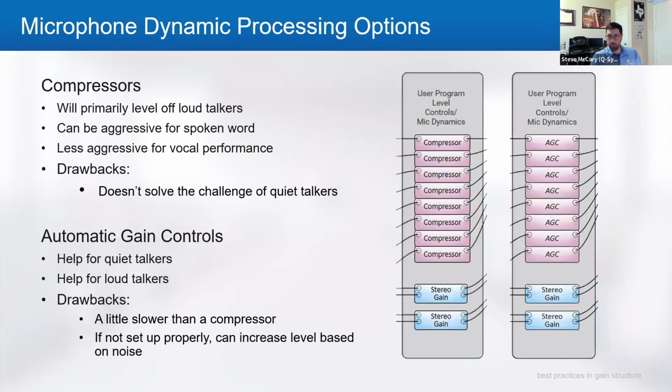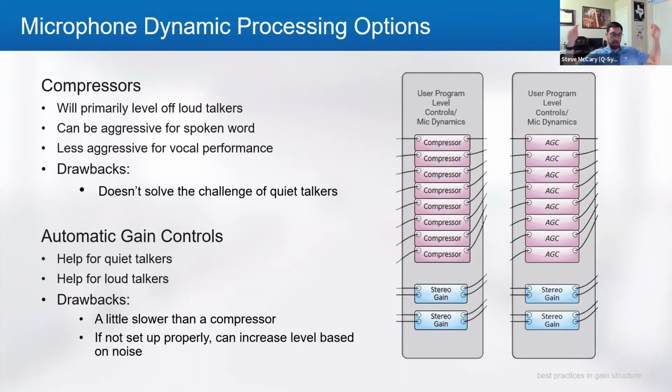For those of you that have taken the dynamic audio processing class, you will be familiar with the compressors, limiters, gates, expanders, automatic gain control, things like that. Here we're looking at, on the input side of a microphone, we've got a compressor. A compressor will only let a certain signal come out.